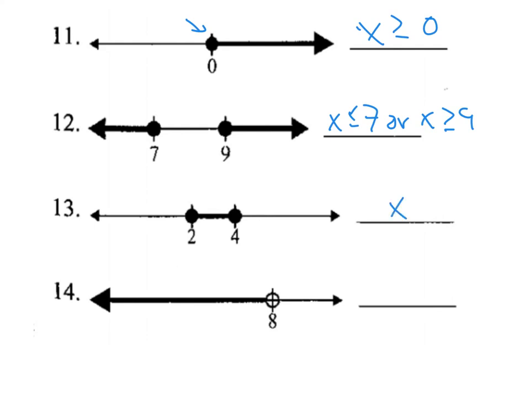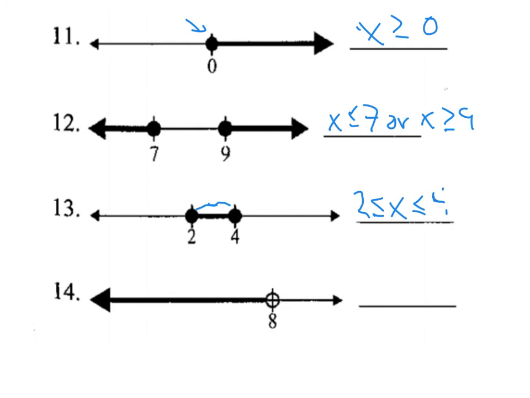All of our values of x fall in here. And we know that it cannot be larger than 4, but it could possibly be equal to 4. So x is less than or equal to 4. It is also greater than or equal to 2. So our values have to be somewhere between 2 and 4.